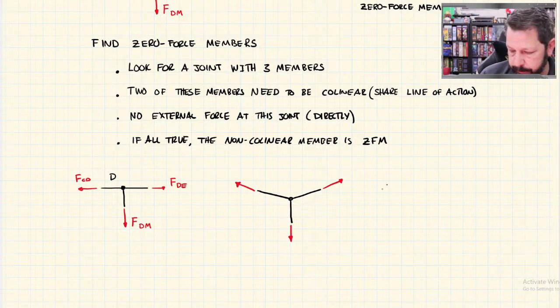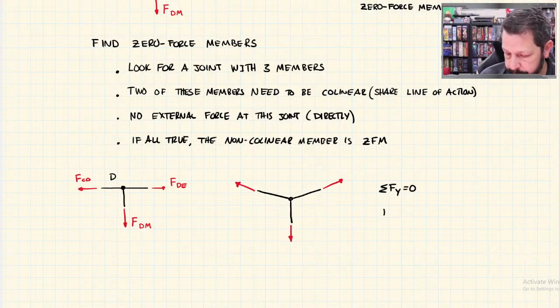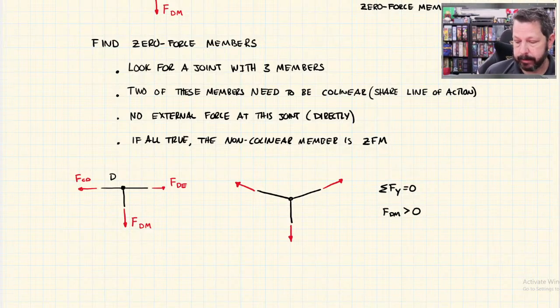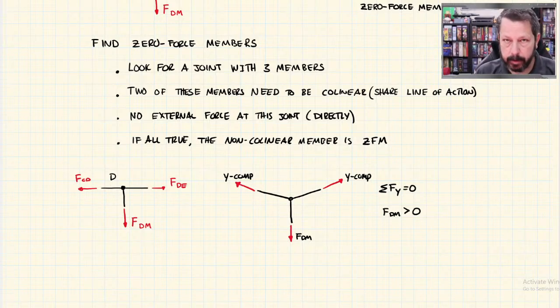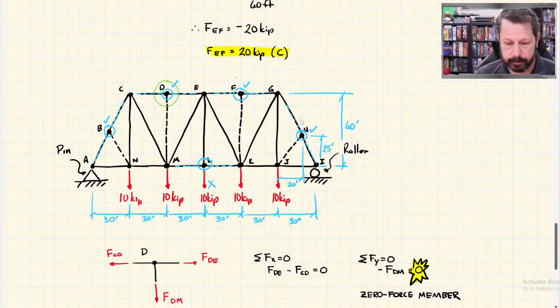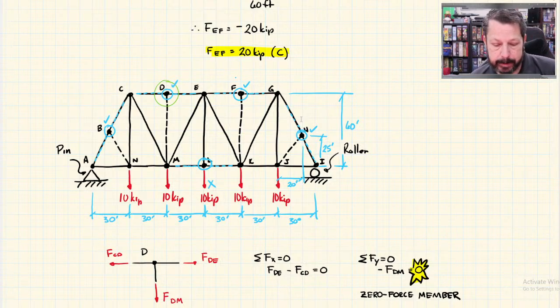Now when I write summation of forces in the y direction equals 0, FDM is greater than 0. I don't know what it is, but it's not 0 anymore because I've got a y component here and a y component over here. And so FDM, this one, has some value now. So it only applies when the truss is in its drawn state here. If things start moving around, then it does have a value, and it will support a load. It's not like it never supports a load.